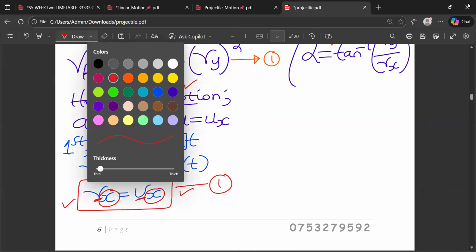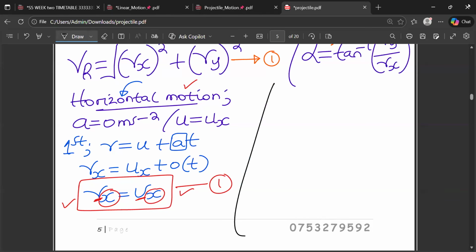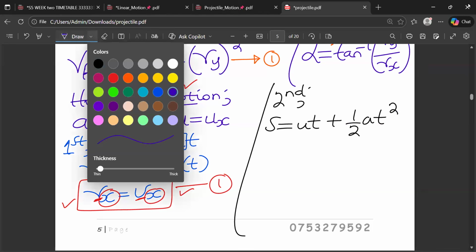Okay, then let's look at the second equation of motion. How does it go? It is s equals ut plus a half at squared. Don't put your things of g; things of g are going to come in vertical velocity. So what do you recall?